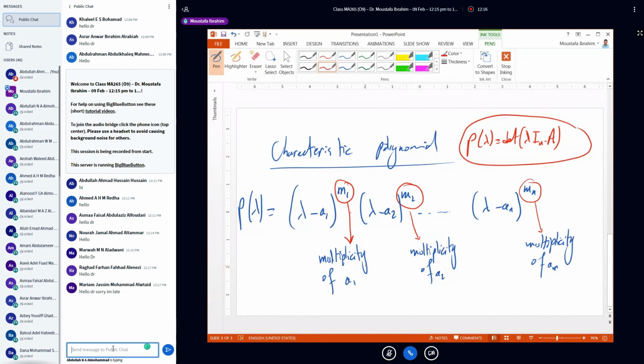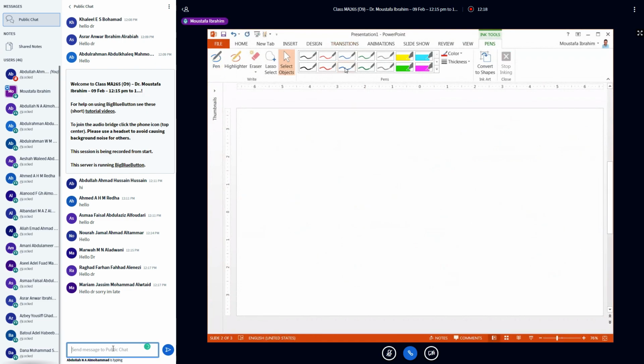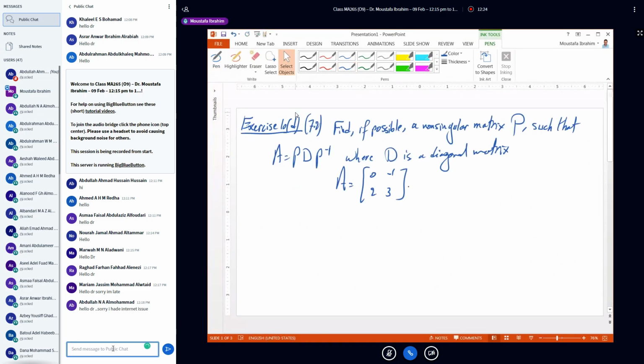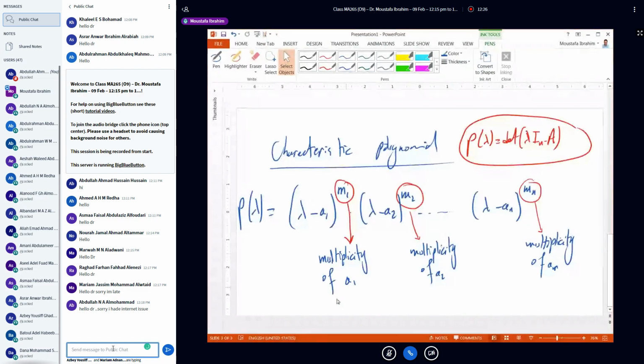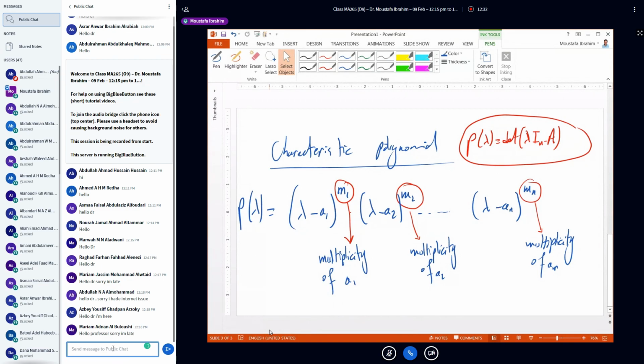Now let's do an example. Please, guys, take a screenshot for this one about multiplicity.